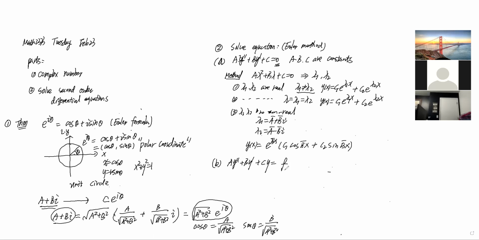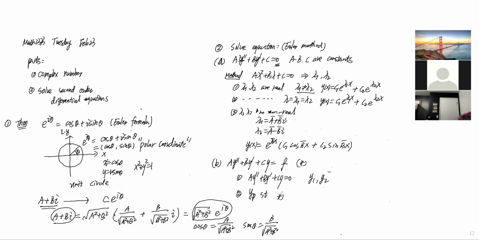So first, we have to know how to solve this equation. The method is like this. You first find the solution for the homogeneous equation, right? You find y1 and y2 like you do for the linear equation. And then the second step, you find a particular solution for the star.